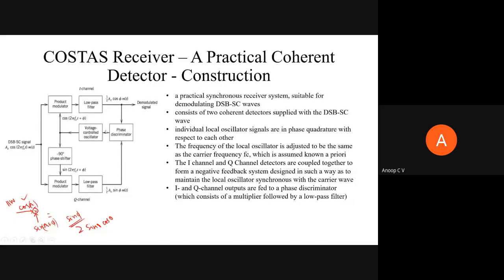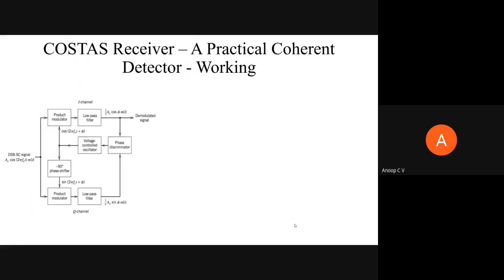If we have some signal which is proportional to the phase, then that will correct the output of this voltage control oscillator. That is how it works. The phase discriminator outputs a DC controlled signal that automatically corrects for local phase errors in the voltage control oscillator. So that is the construction and almost the working of a Costas receiver.